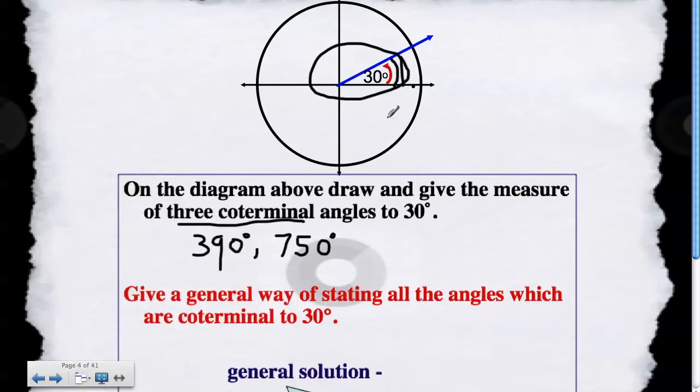Let's do it in red. If I start here and go this way around to that arm, it's not quite a complete circle. It's just about 360 degrees. It's 30 degrees less than 360, so 330 degrees. And because I'm going this way, clockwise, it's a negative. So those are 3 coterminal measurements to the angle 30.